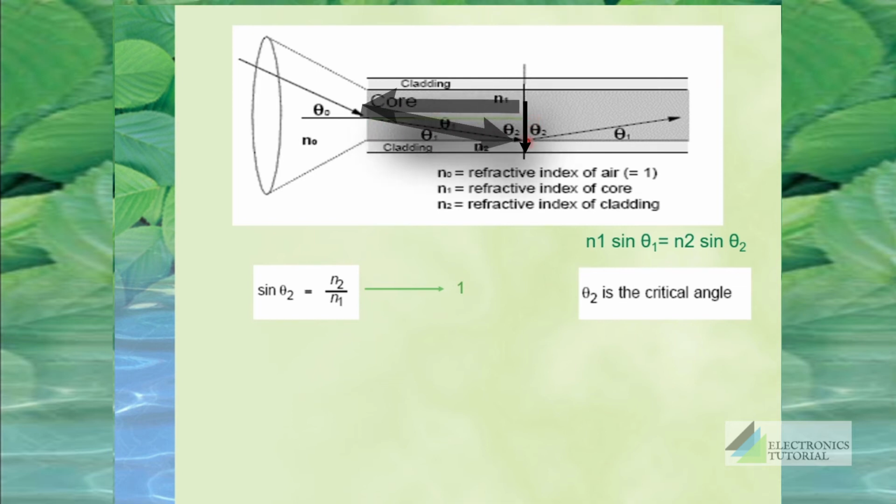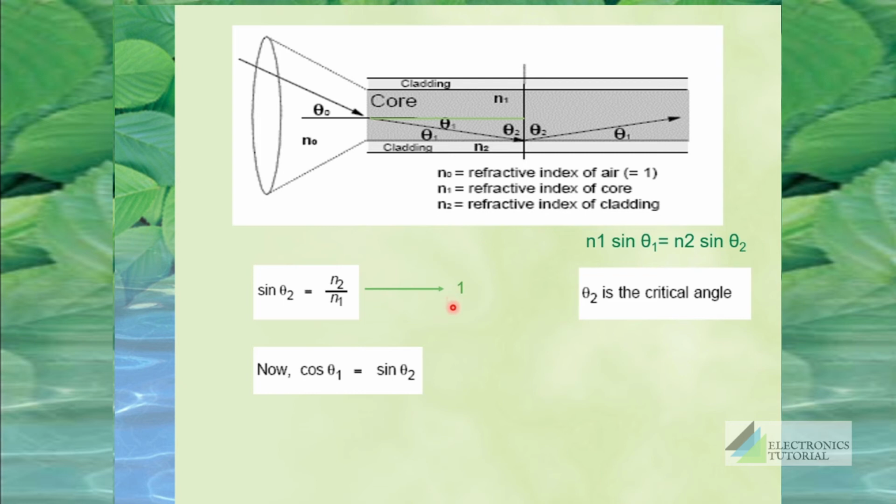Now we'll consider a right angle formed here. Sin theta 2 can be measured as opposite side by hypotenuse, and cos theta 1 can be adjacent side by hypotenuse. By calculation, we can see that cos theta 1 and sin theta 2 are equal. From equation 1, we can write cos theta 1 as n2 by n1.